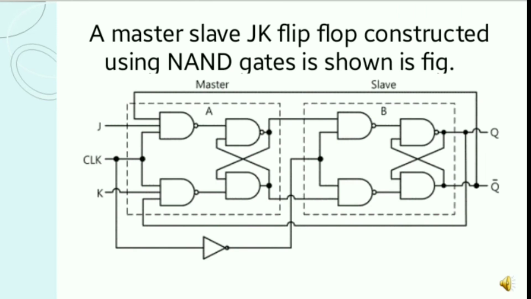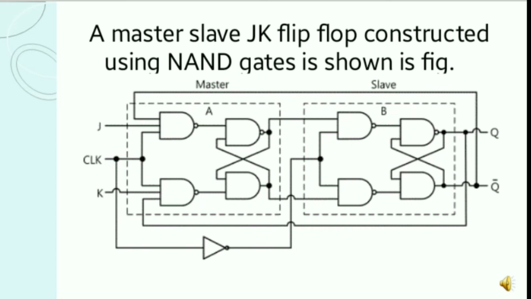So this is a figure which shows a master slave JK flip-flop constructed using NAND gates. You see here a triangular symbol at the bottom with a small circle, which is represented as a NAND gate.